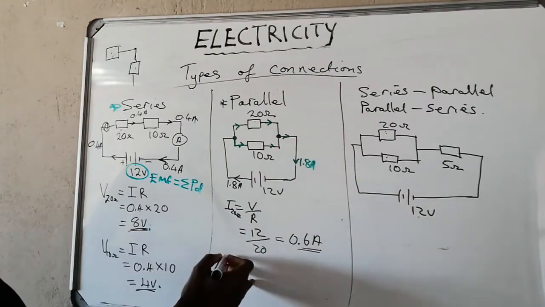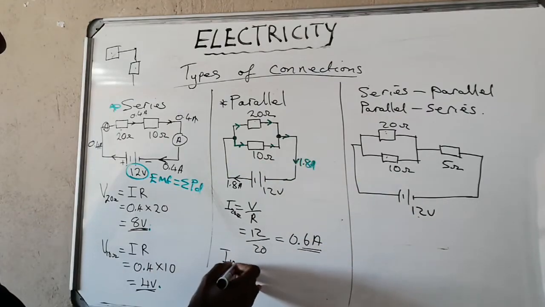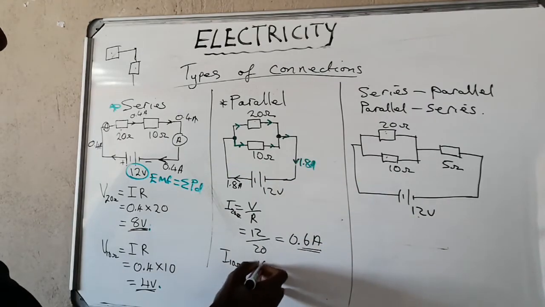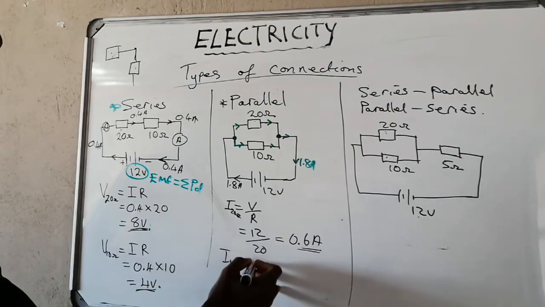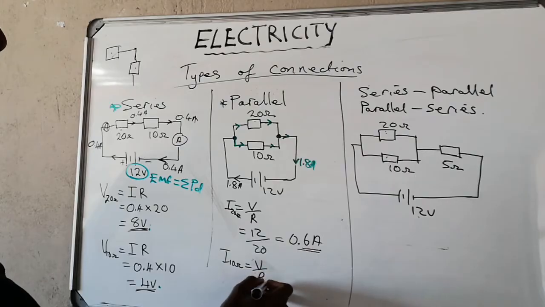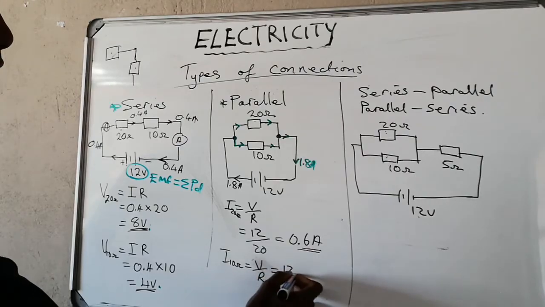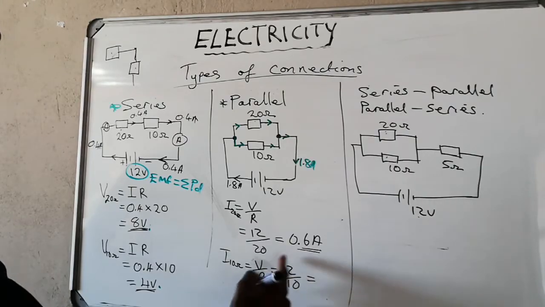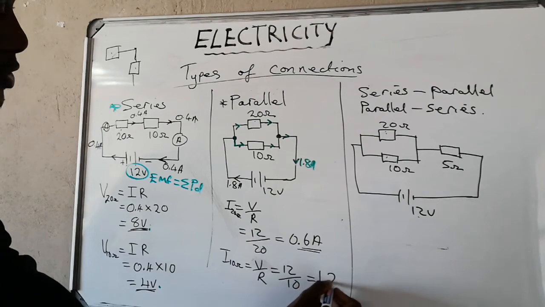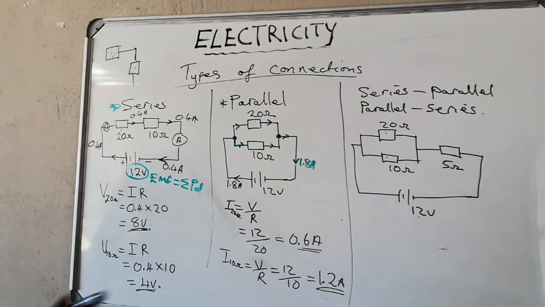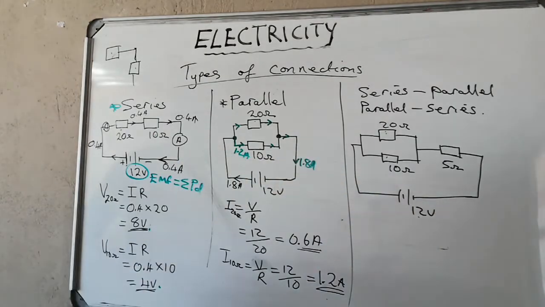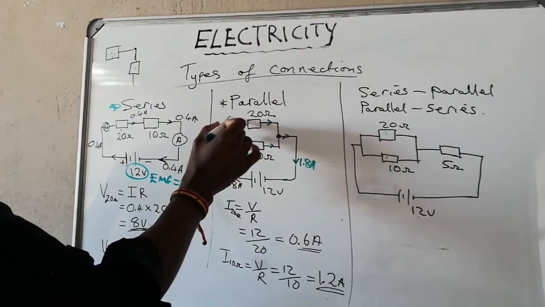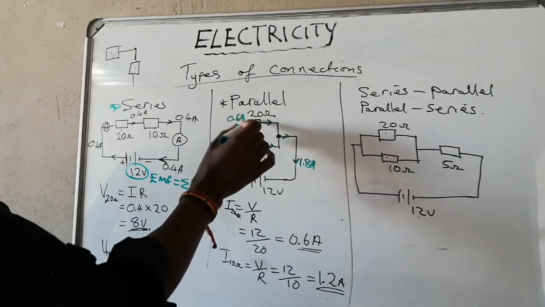Okay, we go to this other one. Current over the 10 ohm resistor is which is voltage V over R. Our V, we already know it's 12 over 10. This gives us 1.2 amps. Okay, so from this 1.2 amps goes on this side, 0.6 amps goes across this one.